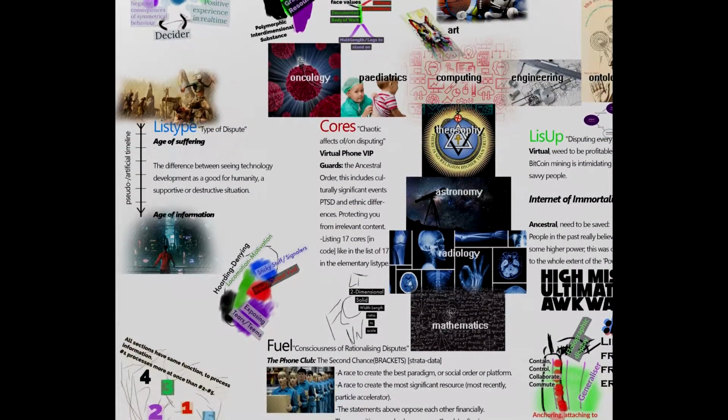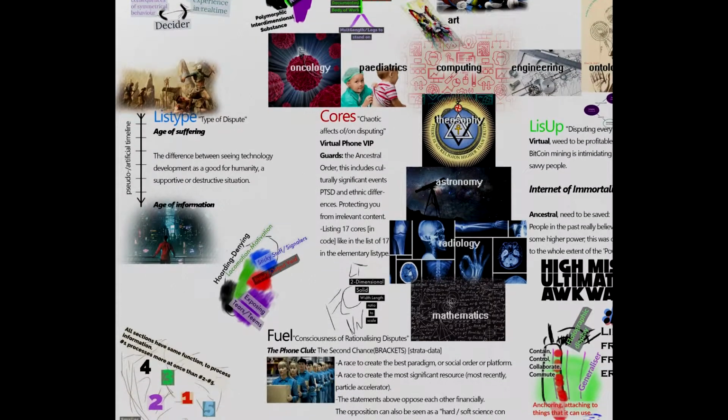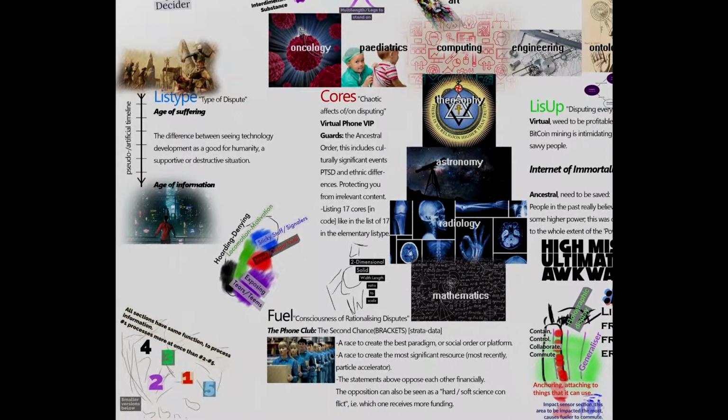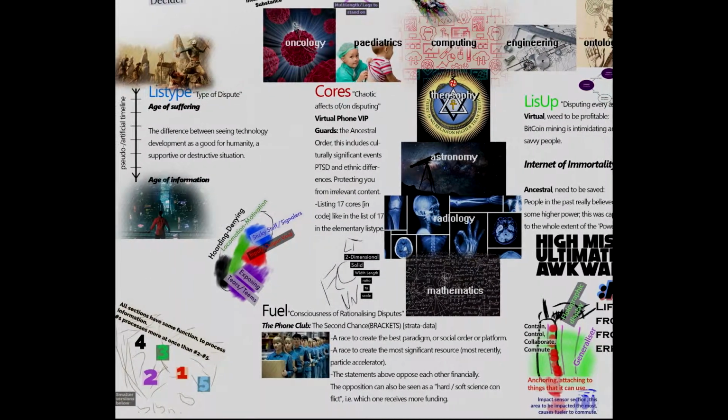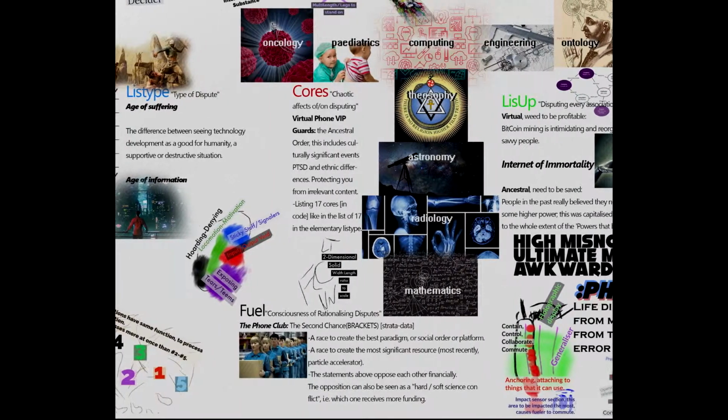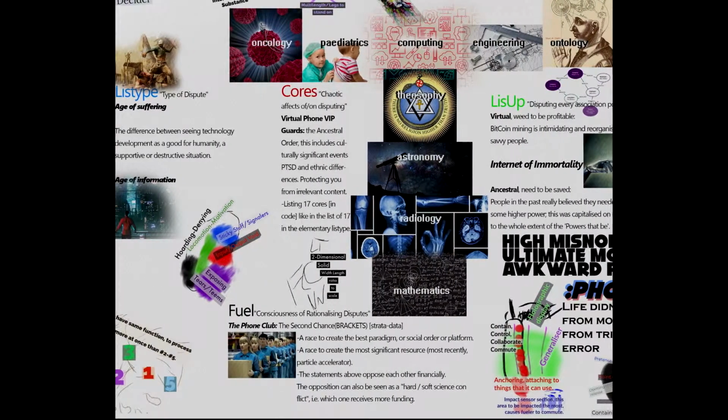It's pretty self-explanatory. The neural net mass obviously has what I've written underneath these fuel Listype.